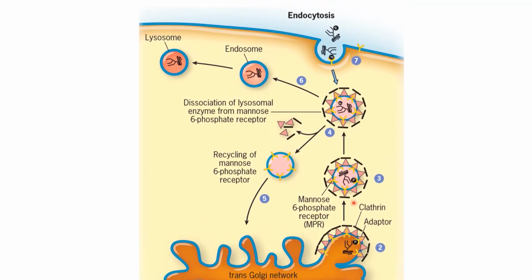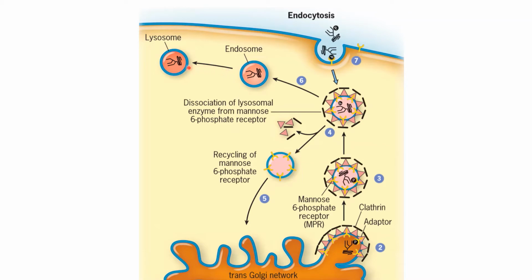And this vesicle that's coated in clathrin and carries the lysosomal enzyme is going to merge with whatever it is that the cell has endocytosed. Like in phagocytosis, if the cell has eaten something, like food, it's going to be in an endosome and it's going to merge with the lysosome or the enzyme here, as we see.